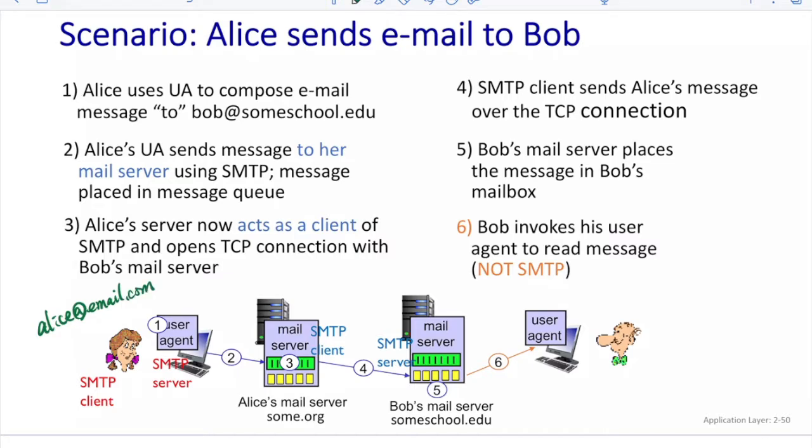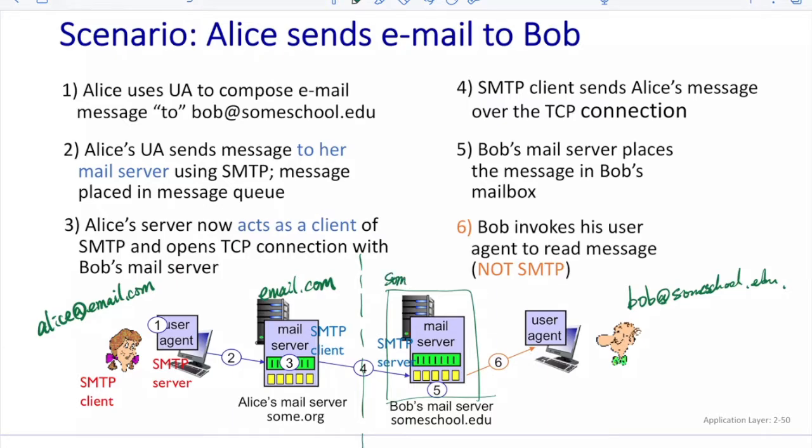So that is Alice's agent. Alice's corresponding email server should be email.com. And Bob's email address is bob at some school.edu, right? So its corresponding email server is some school.edu, and there's a mailbox for Bob.